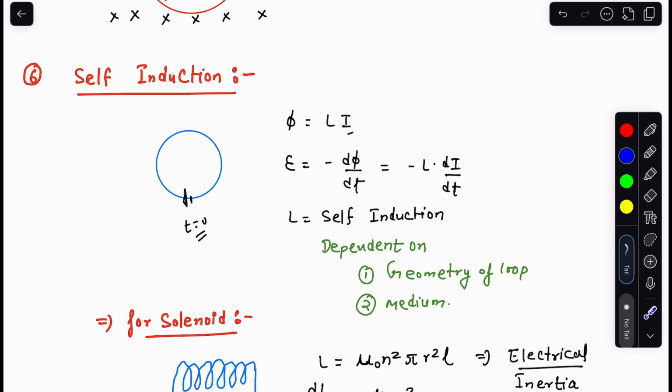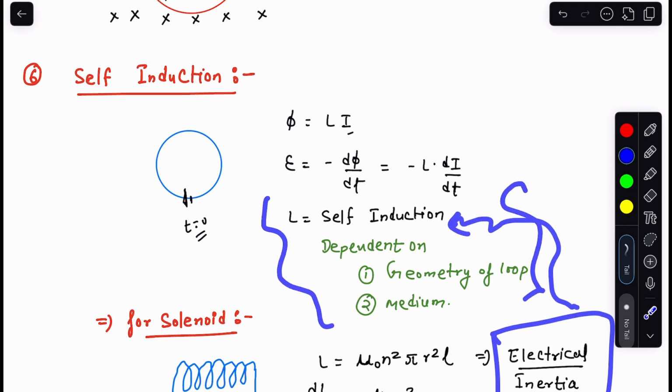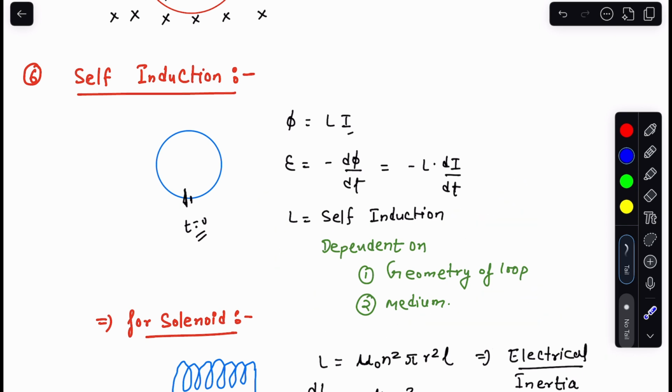And similarly, something conceptually similar is happening with current in a circuit. When you try to establish a current in a circuit, there is an inertia, and you can call this electrical inertia. In our syllabus we call this self-induction.